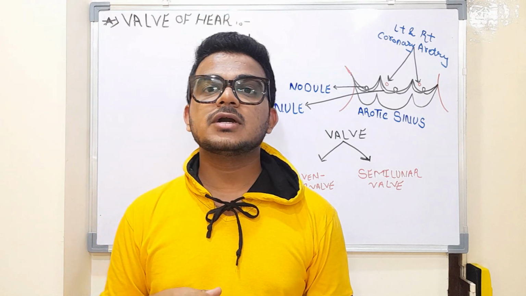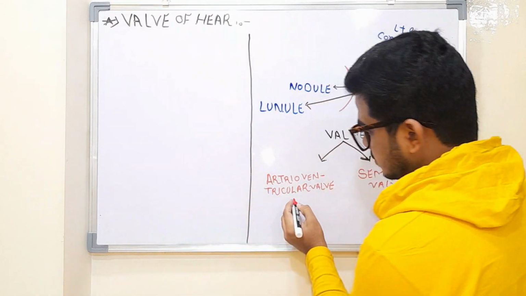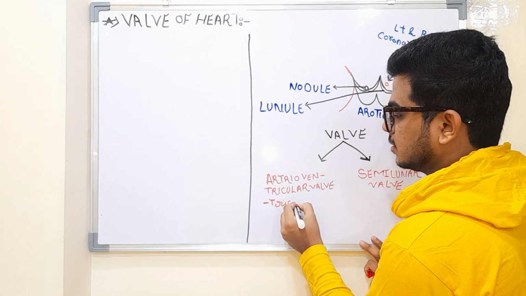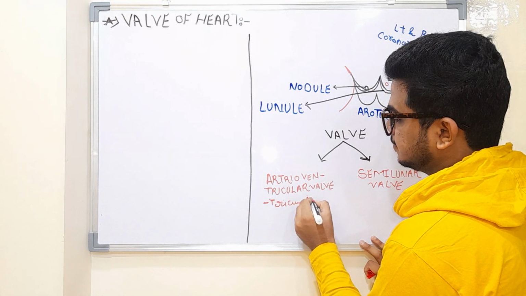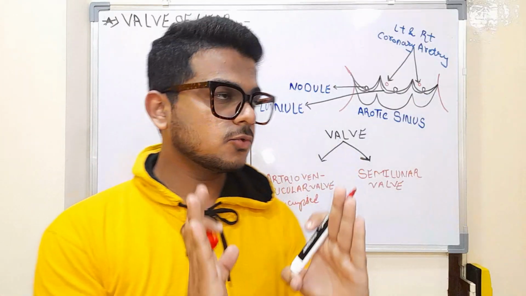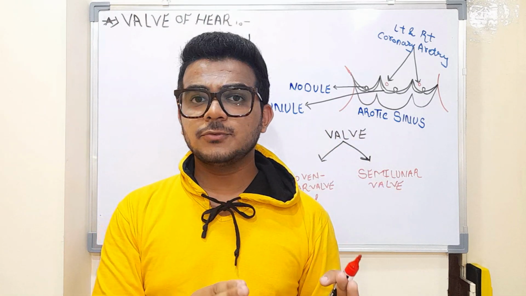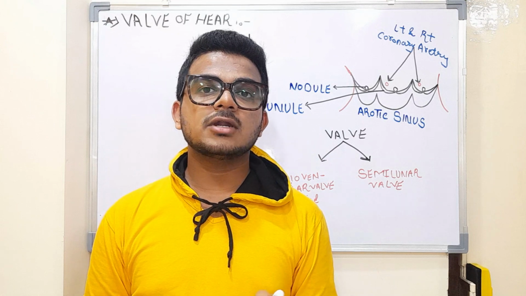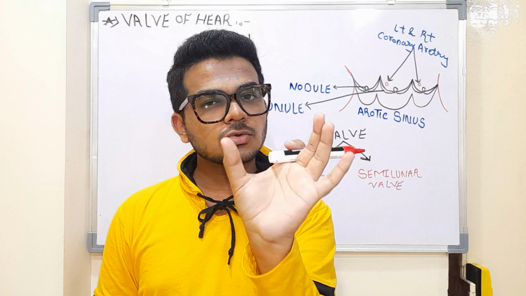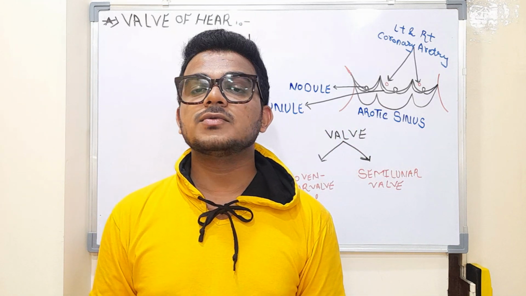Under the atrioventricular valve, there is the tricuspid valve first. And if you go to the left side, between the left atrium and the left ventricle, there is a valve called the bicuspid valve, because it has only two flaps, only two cup-like structures. It is also known as the mitral valve.